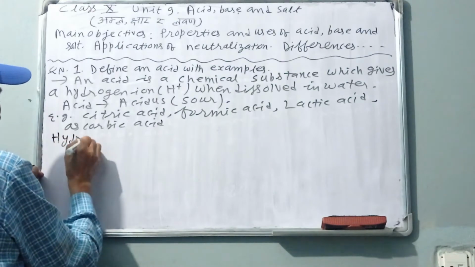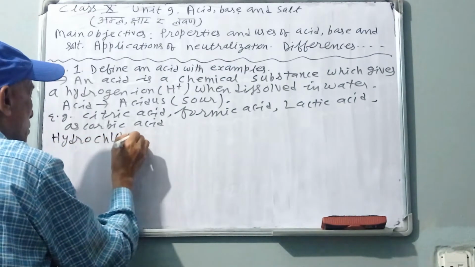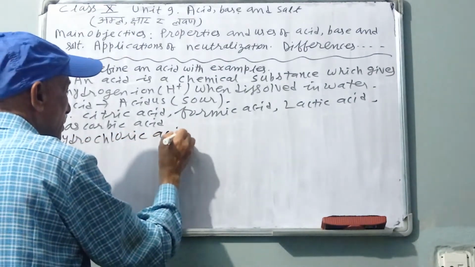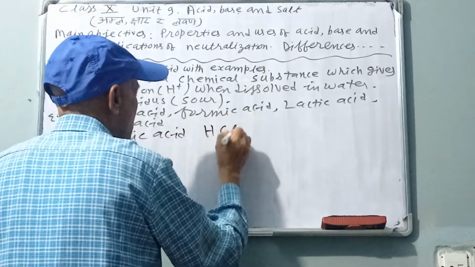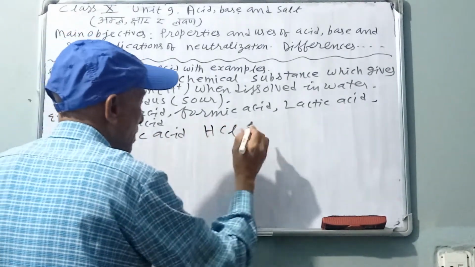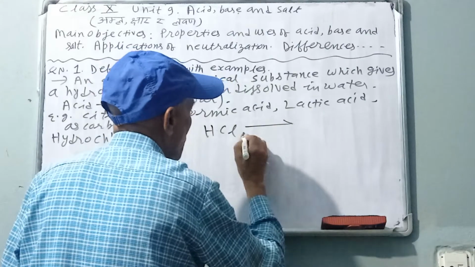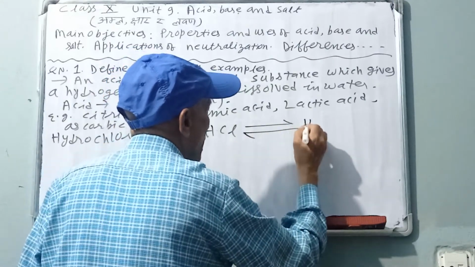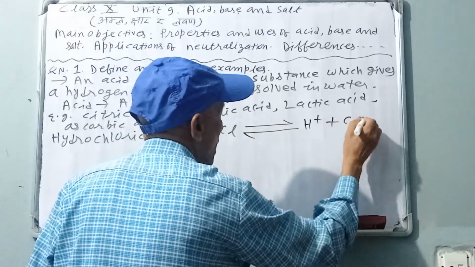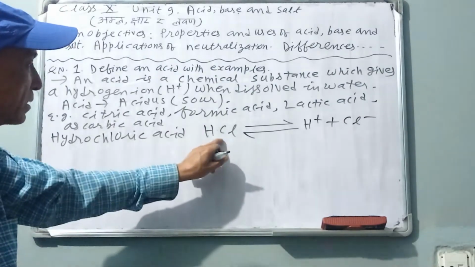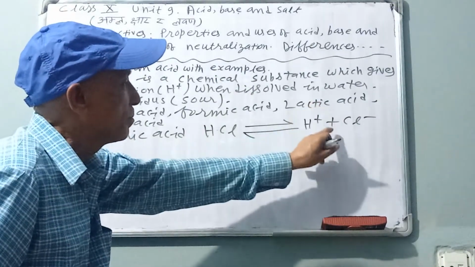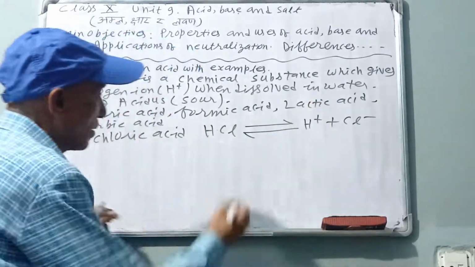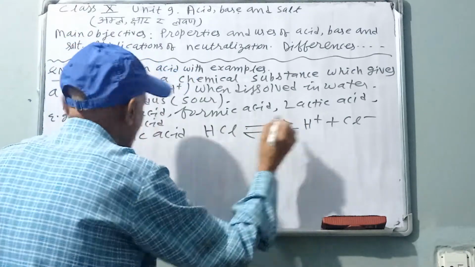Hydrochloric acid, formula HCl. When dissolved in water, it gives hydrogen ion and chlorine ion. So hydrochloric acid HCl gives hydrogen ion plus chlorine ion, with a double reversible arrow.